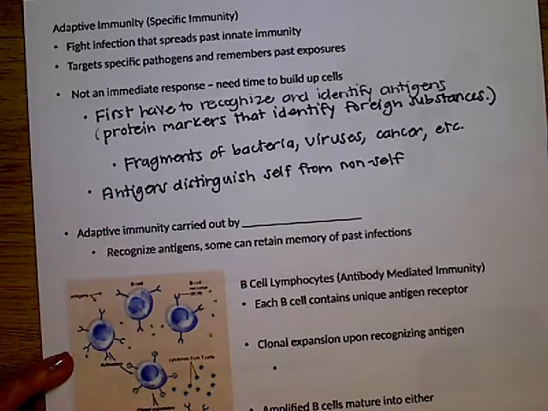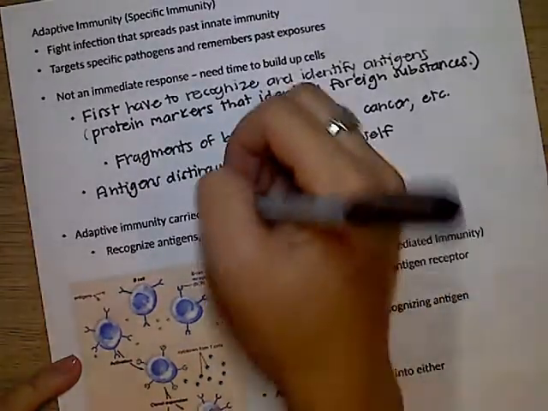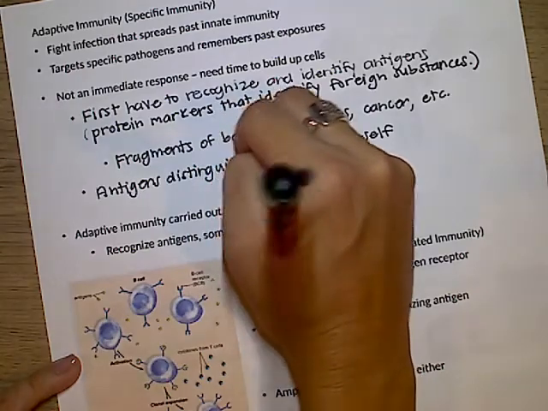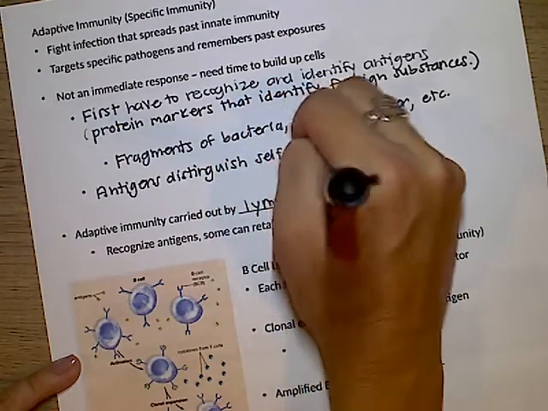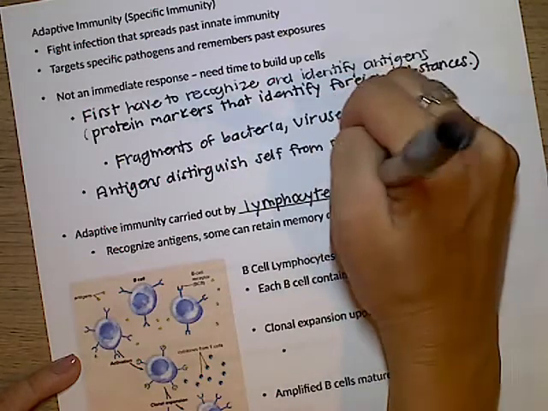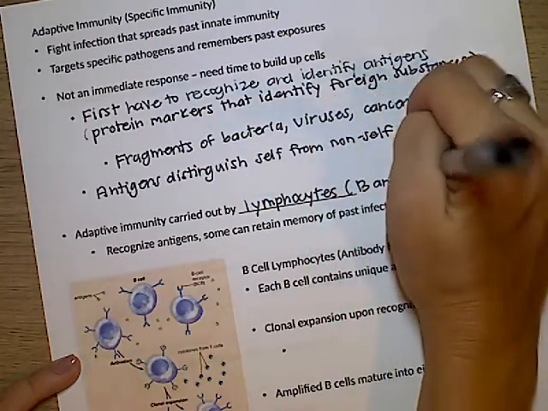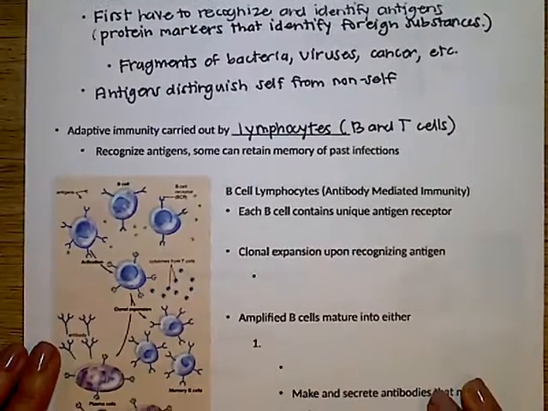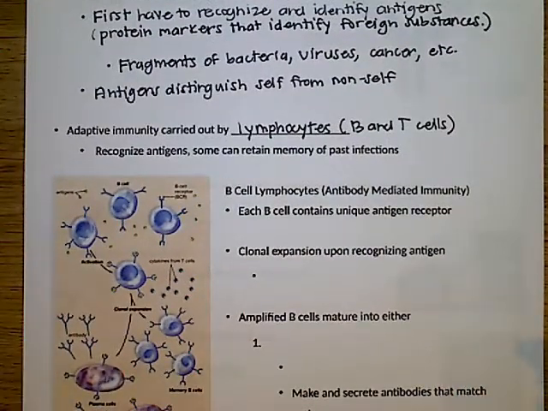So this adaptive specific immunity is carried out by lymphocytes, which are your B and T cells. So they can recognize antigens, and some can retain memory of past infections.